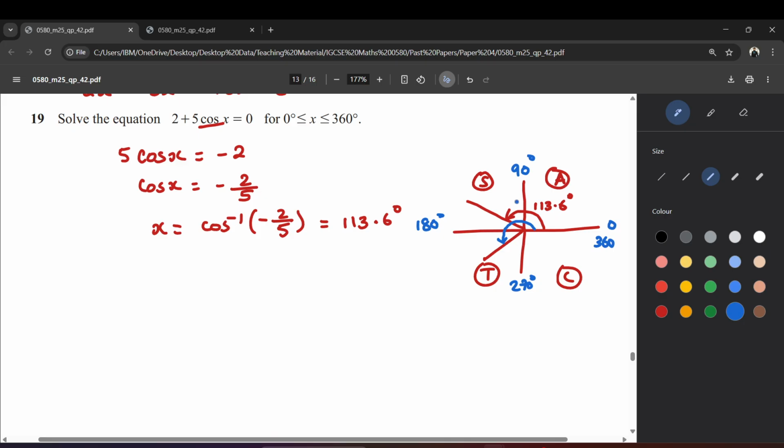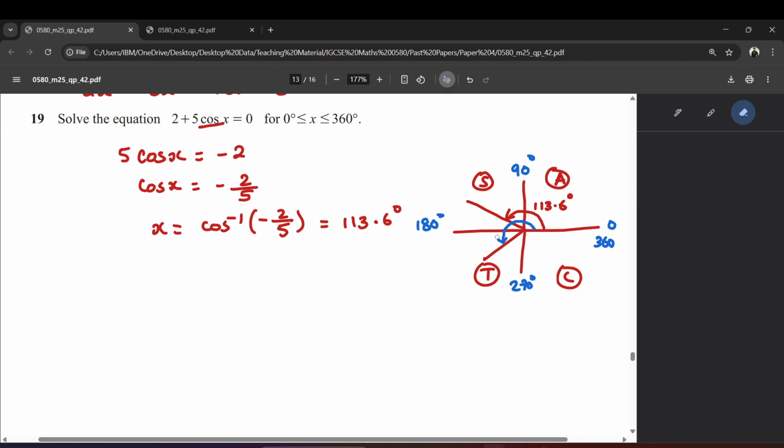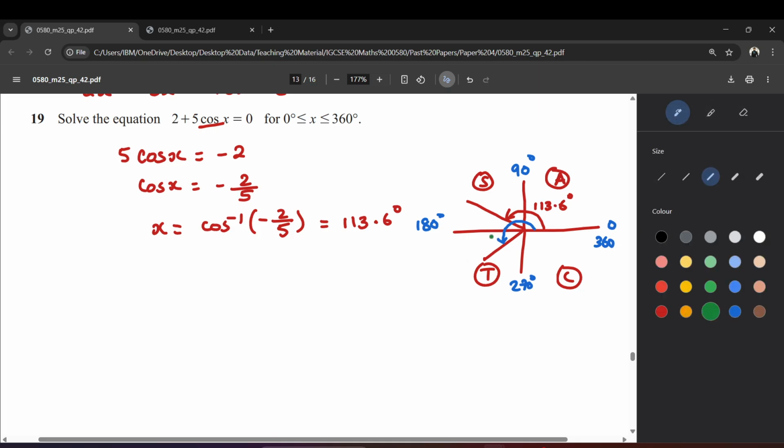We always measure in the anti-clockwise direction. So this goes from 0 all the way until here, that is 180. So 180 plus something should give us the second solution. That something is actually alpha. This alpha is the acute angle, which is this one as well as this. So this is the same.